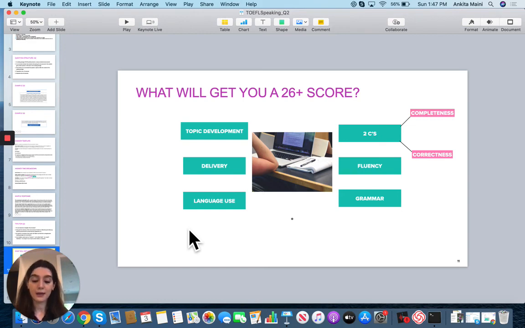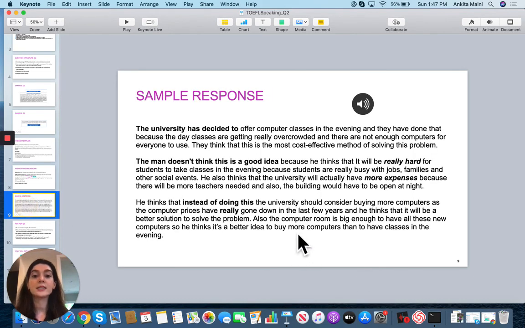If your response is perfect, but you just have one error, like instead of saying "computers" at the end of this response, I said, "I think it's a better idea to buy more computer than to have classes in the evening," but everything else was okay, that's okay. Everything else was amazing and you just had one error at the end, that's going to be fine.